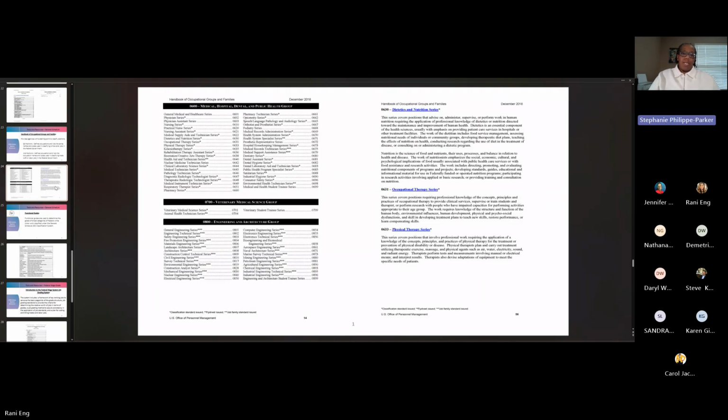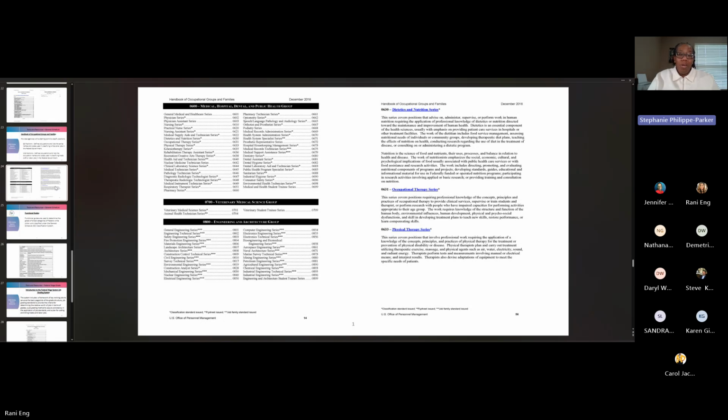On the left-hand side is a page from the handbook that we just discussed. This example shows 3 different groups of work, and under each group are their associated series that belong within that group. For example, you'll see that we have the GS 600 group, which is the medical, hospital, dental, and public health group.